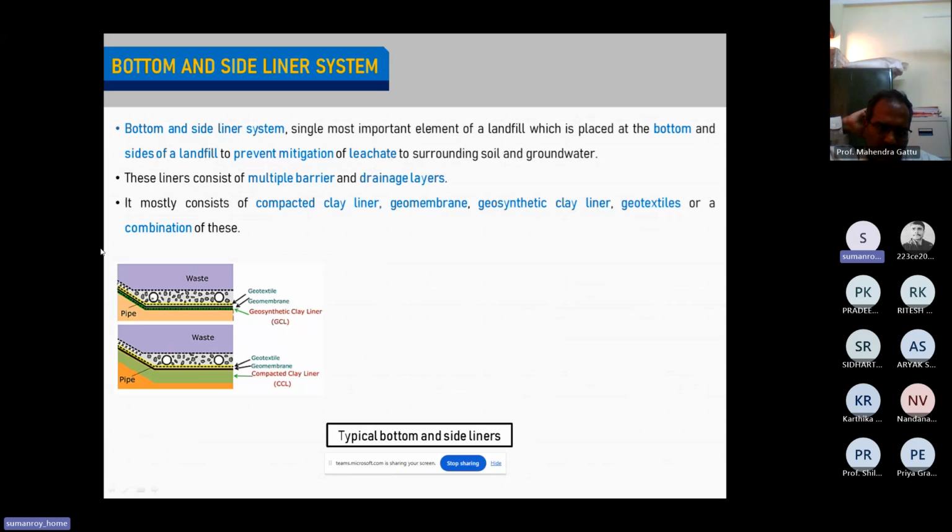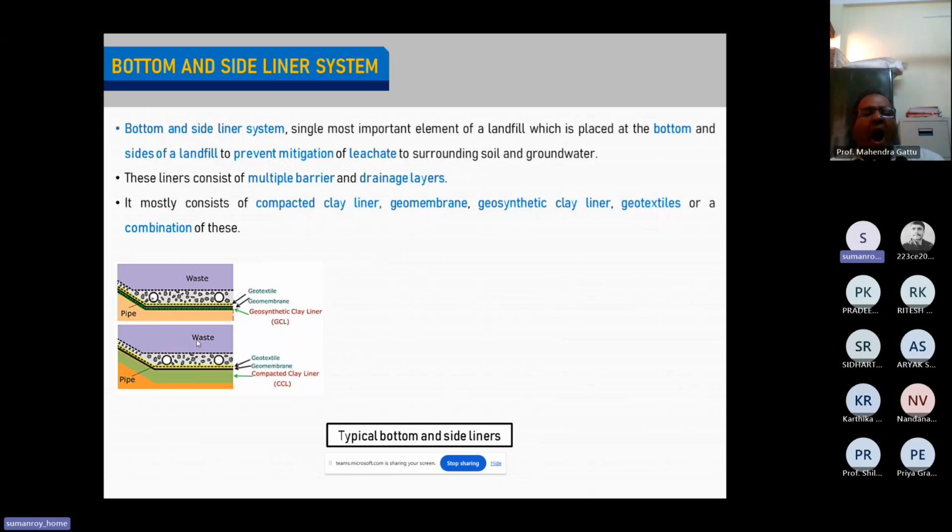So this is how the bottom and side lining system looks. You have first a compacted clay liner. Compacted clay liner is a clay soil, and this soil is generally expansive in nature. It may not be highly expansive, it may be moderately expansive, I mean, it may expand to a certain extent, and there is a reason why it is expansive in nature.